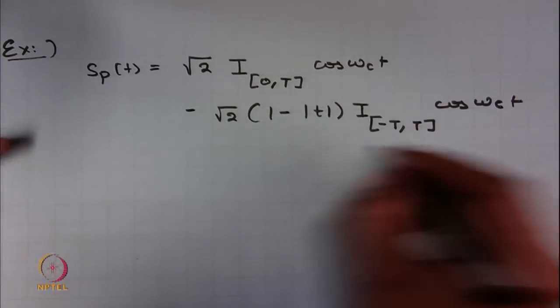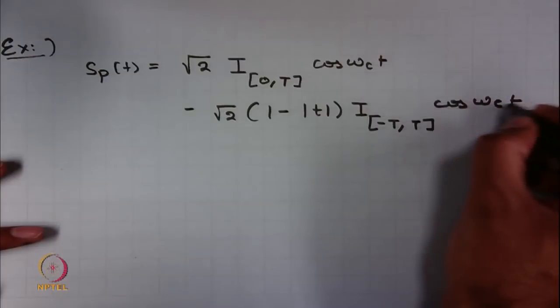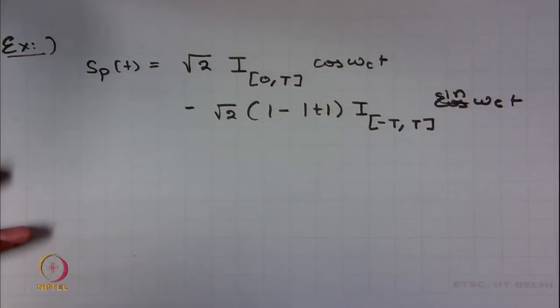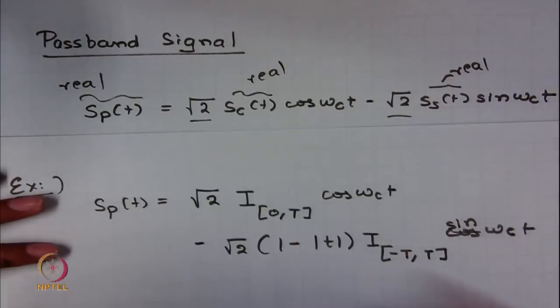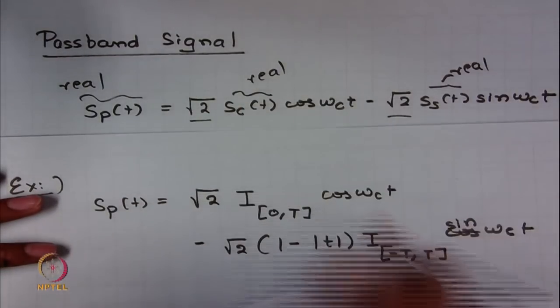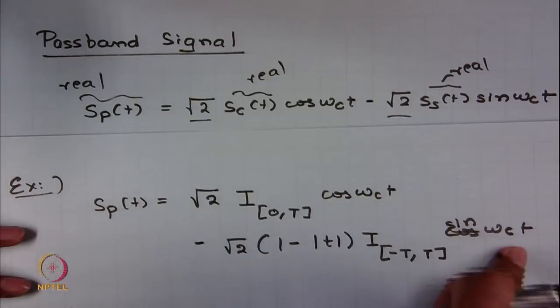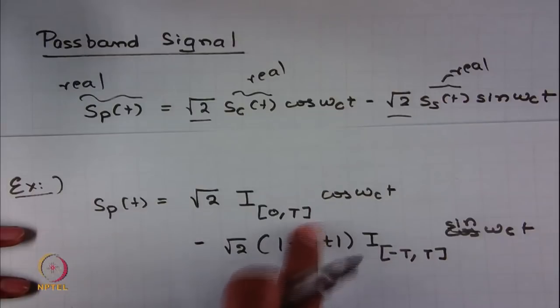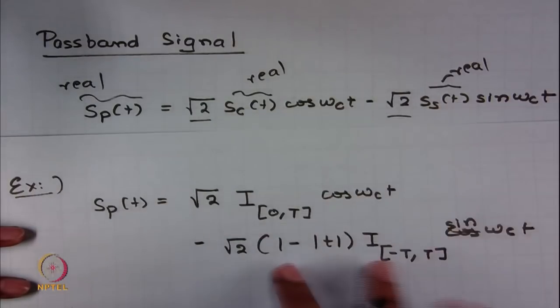No, it should be sin omega_c t. So, sin omega_c t. Okay. This is the equation of a passband signal which looks exactly like this. We have a cos omega_c t and we have a sin omega_c t, and instead of S_C(t) we have this function, and instead of S_S(t) we have this function.